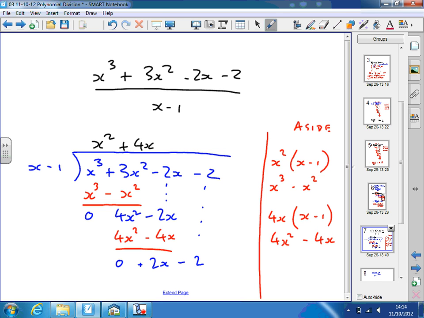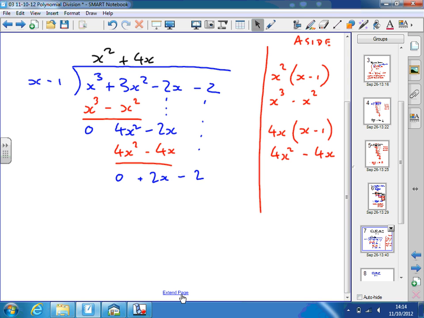So what's the last thing we're going to do, Andrew? This is where we ask ourselves, what have I got to times that by to get that? X times 2 gives 2x. So we're going to multiply it by 2.